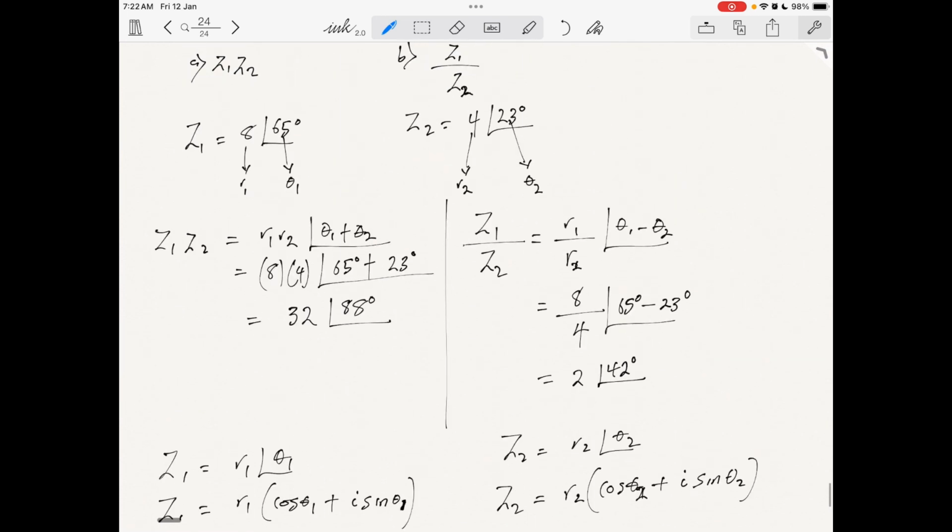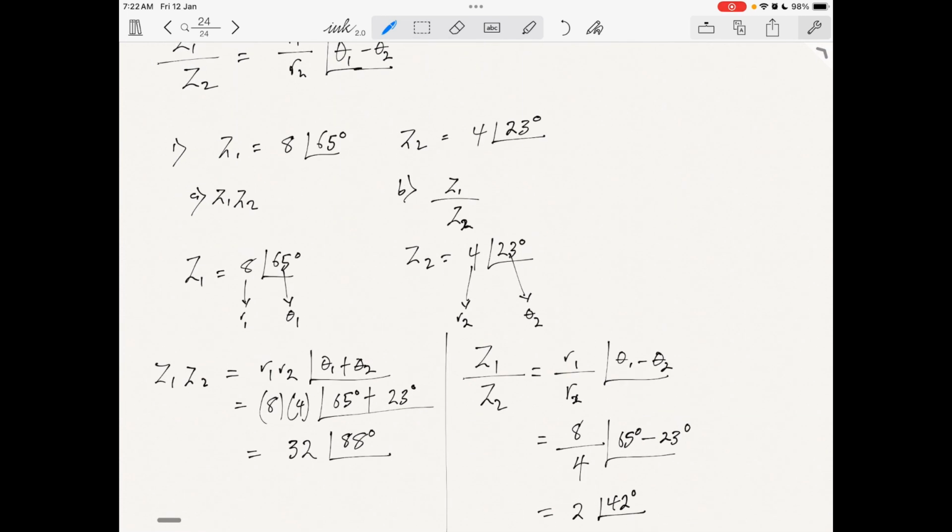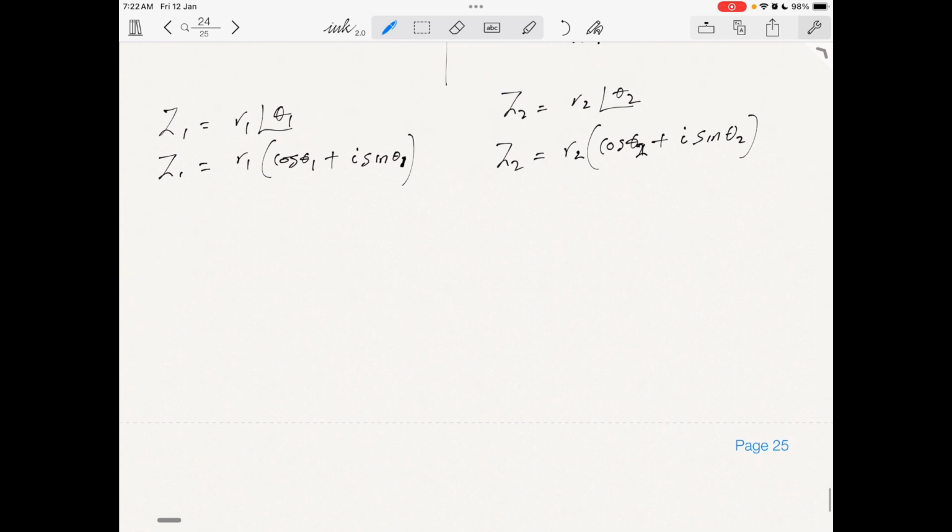Now we might be given this question in another format. Going back, z1 is 8 argument 65 degrees and z2 is 4 argument 23 degrees.